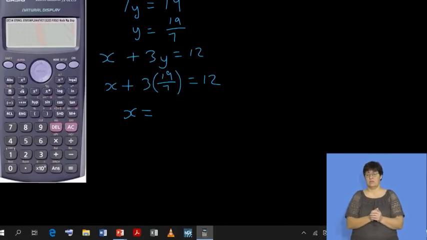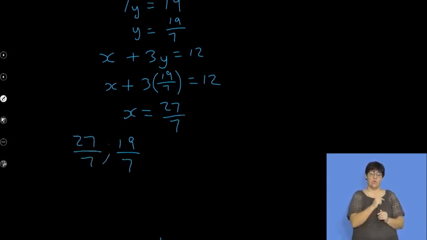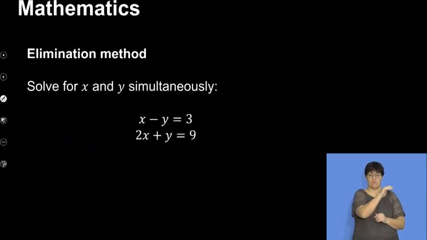So if we press this in our calculator, it will be 3 open bracket times the 19 divided by 7, which will give me that. So it will be 12 minus that answer, which will give me 27 over 7. So this will be 27 over 7. Now, my ordered pair will be the 19 over 7, but that's the y, so the x will be 27 over 7.